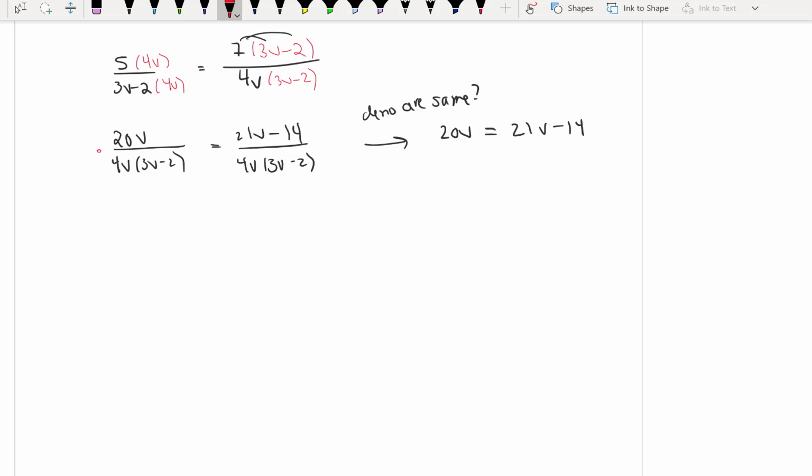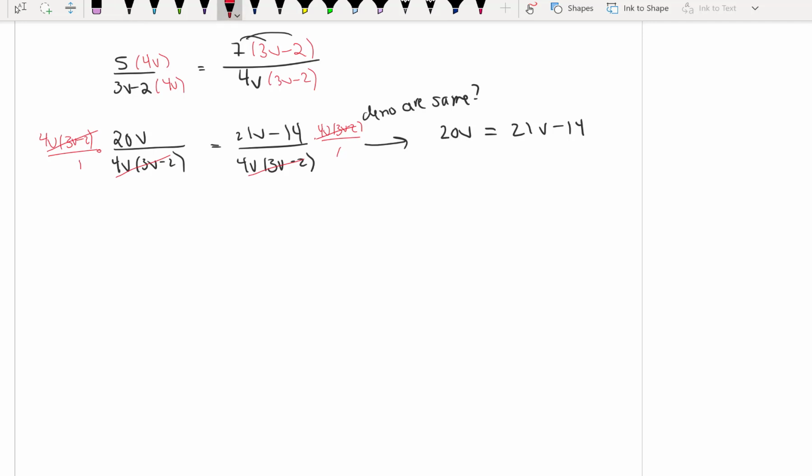Well, if I were to multiply both sides by 4v, 3v minus 2, it actually cancels the denominators out. That's a really cool fact about these fractions: once you cancel them out, you're just left with your numerators.